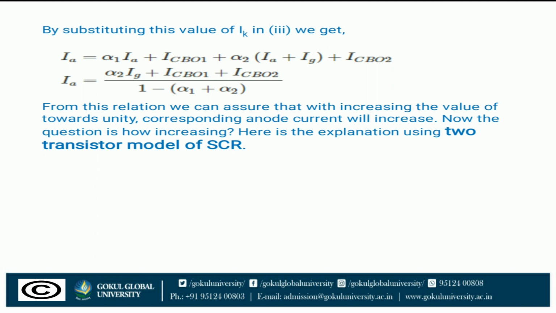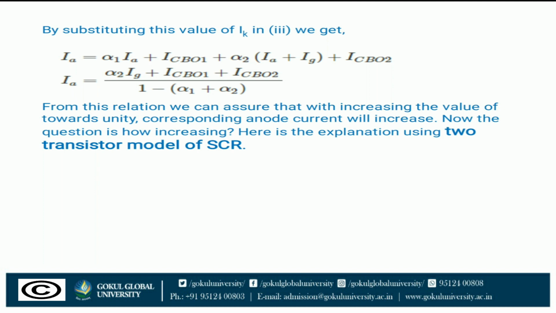For a silicon transistor, the current gain alpha is very low at a low emitter current. With an increase in emitter current, alpha builds up rapidly. With the gate current IG equal to 0 and with the thyristor forward biased, alpha 1 plus alpha 2 is very low.